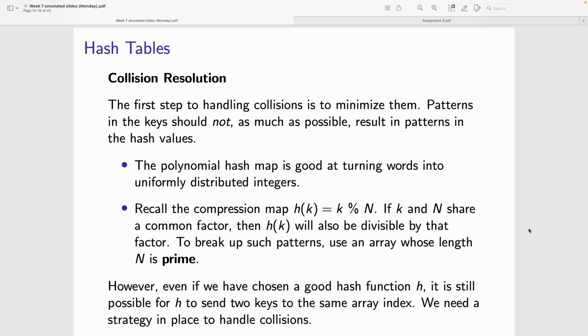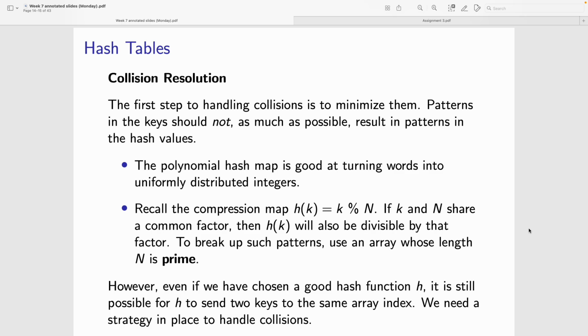Now for a slightly different topic. This one's more interesting, I think. Collision resolution. We've been spending all of our time talking about hash tables just trying to avoid collisions. We want to get hash codes such that things like cat and act don't get the same array index, and just generally different keys get different array indices as much as possible.